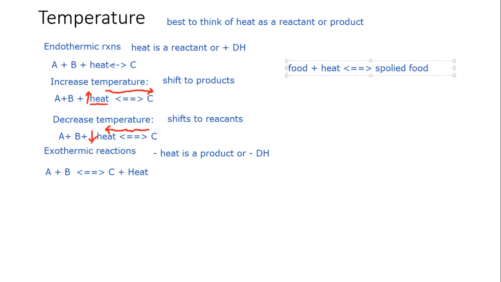And if we place it in the fridge, what happens is we're removing heat. So if we remove heat, less of the food gets spoiled.